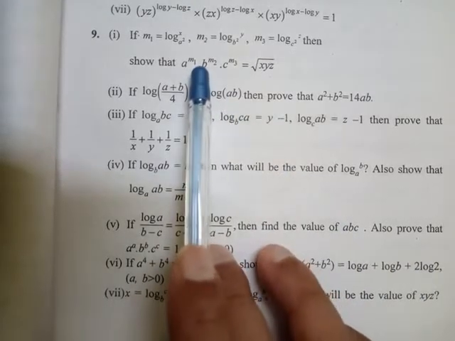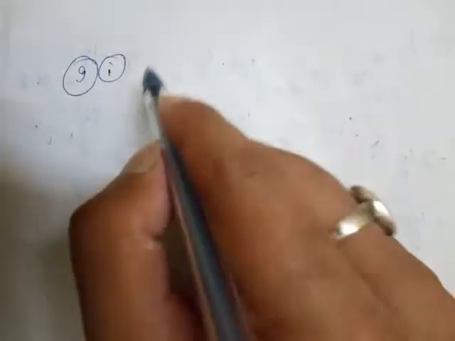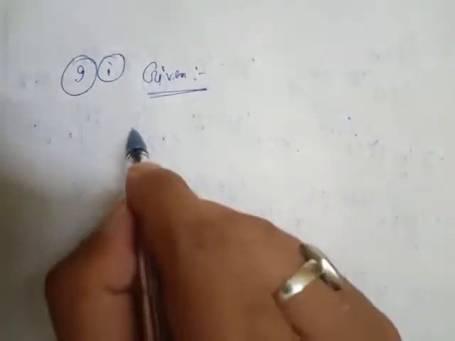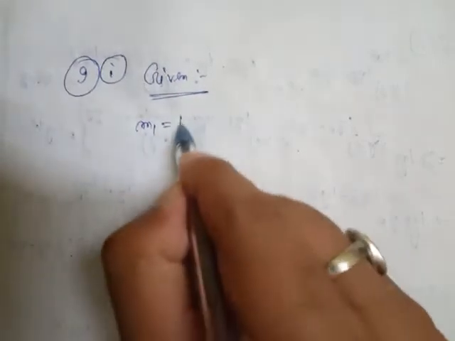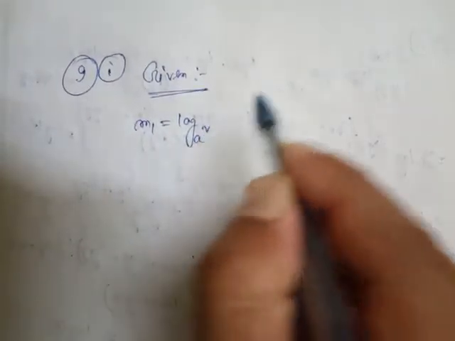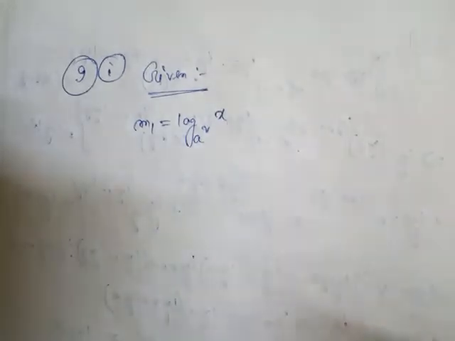9 Roman 1. Student, now the solution of 9 Roman 1, exercise 3.1, class 9. So the solution is like this. As you can see in the video, the given part will be here: m1 equal to log base a square of x.